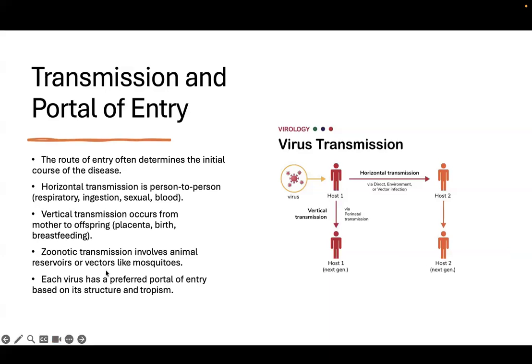And of course, we also have vectors like mosquitoes. Some viruses love to live within a mosquito. And mosquitoes love to suck our blood. So every time they pinch us to take blood from us, they will leave viruses. A good example of this is dengue. Dengue viruses are a prime example.